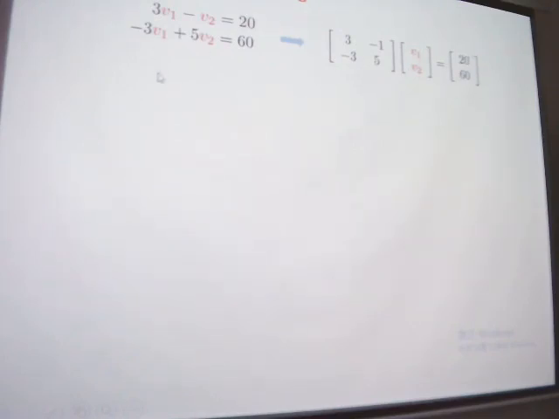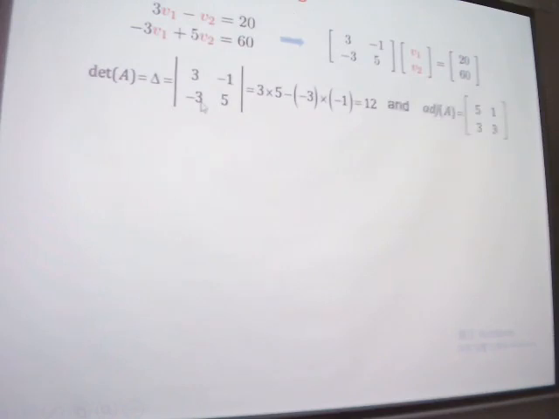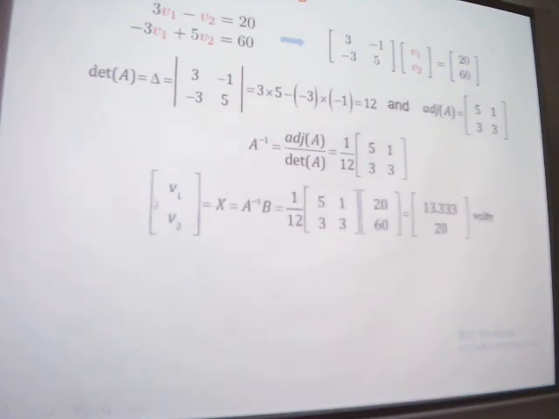And then we can calculate A inverse: look at the determinant of A, calculate the adjugate of A, and calculate our A inverse. And then V is equal to A inverse times B. This part you can also do with your calculator, so we think it's easier, right?